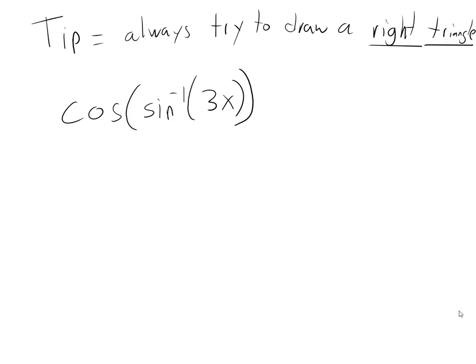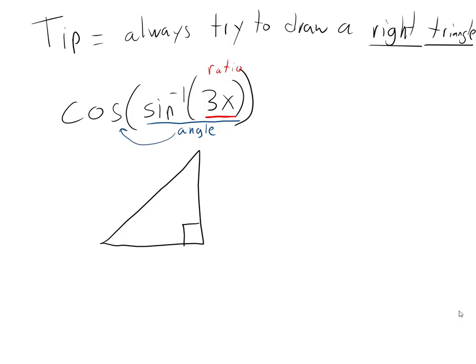Okay? So first thing that we have to do is draw a right triangle. And this is something that's going to happen a lot. Now remember, 3x, because it's being plugged into sine inverse, is a ratio. And once we evaluate sine inverse of that ratio, we'll get an angle that we can plug into cosine.